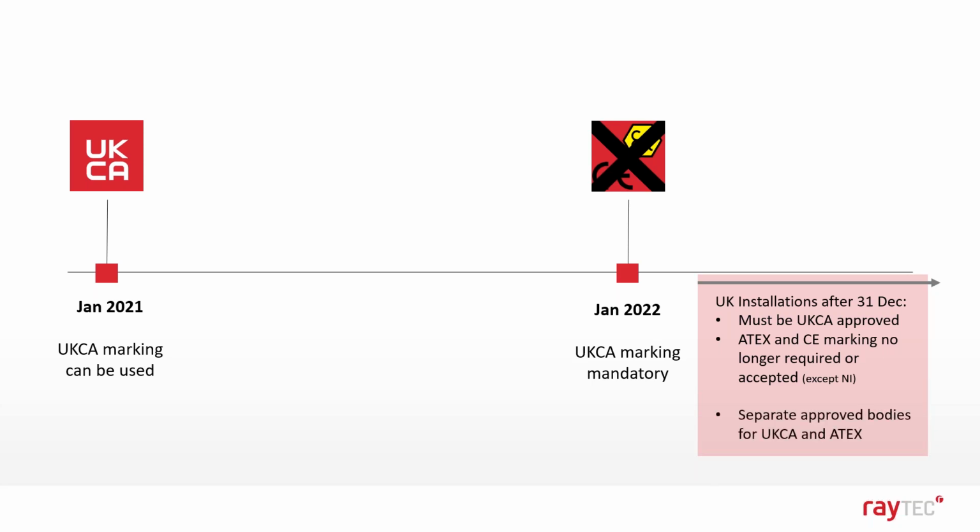You also need a separate UKCA approved body for applying the UKCA mark, separate to any notified body for applying the Raytec mark. And if the product was placed onto the GB market before this date, then it can continue to circulate until it reaches its end user, as long as the product was on the market before January 2022.